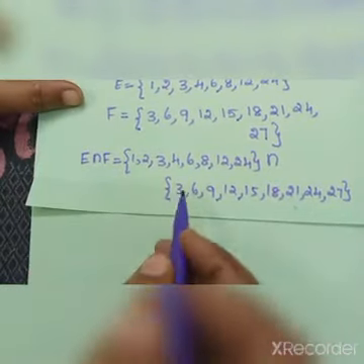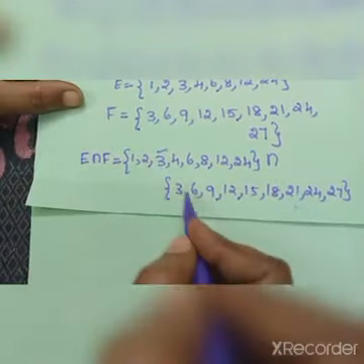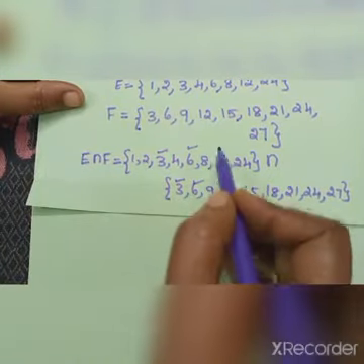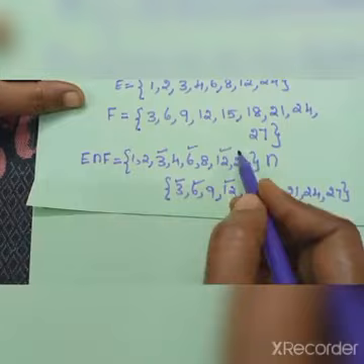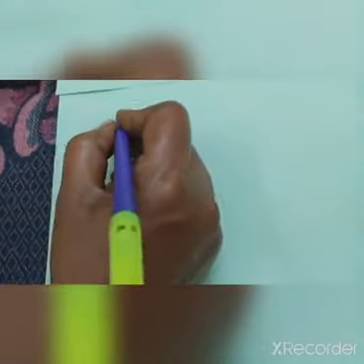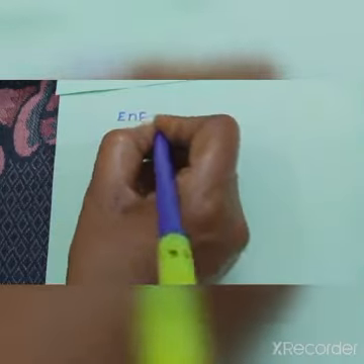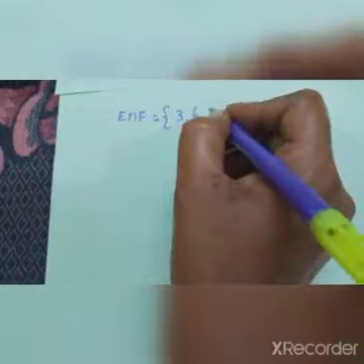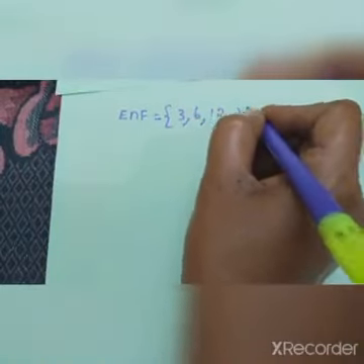So here which are the common elements? 3, 6. Is it? Then 12 is there. 24 also is there. So we have to write, okay, E intersection F is equal to {3, 6, 12, 24}.